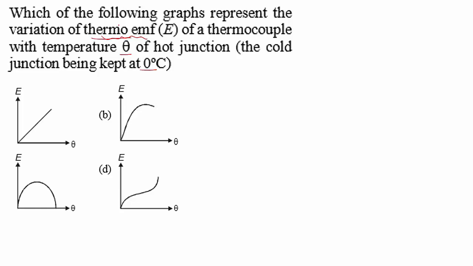To understand this concept, I am going to take one example. If I take a copper-iron thermocouple, this is one thermocouple, copper, iron. One junction of the copper is kept in hot oil, and another junction of the iron is kept in ice.